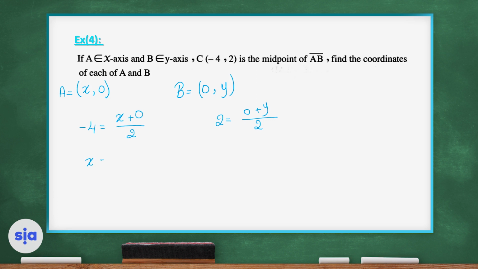So x equals -8, where y equals 4. Then the coordinates of A and B: A has coordinates of (-8, 0), where B has coordinates of (0, 4). Let's now move on to example 5.